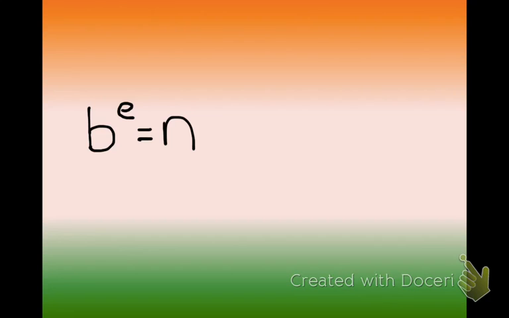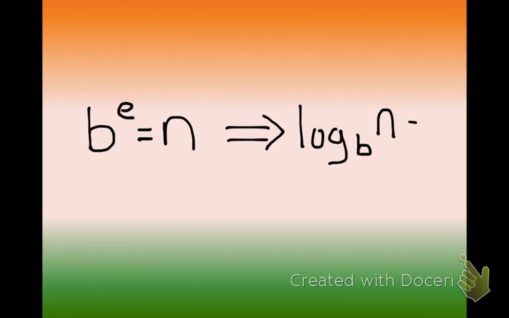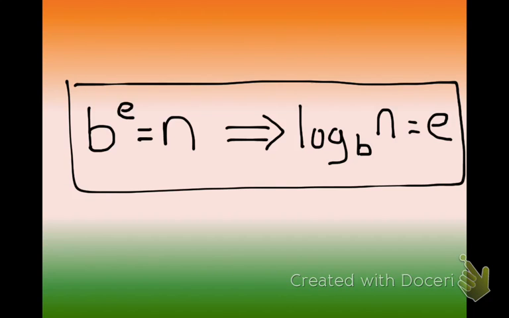Ben got arrested for using a log for BNE. BNE is breaking and entering. So Ben used a log for BNE. This is the way that you remember to change things around, going from one side, which is exponential, to the other side, which is a logarithm.